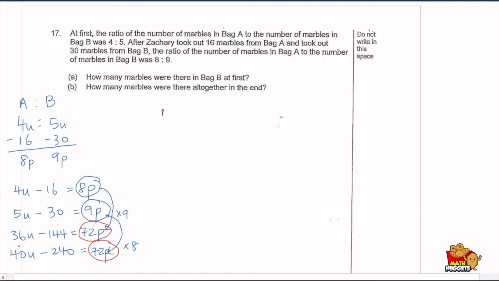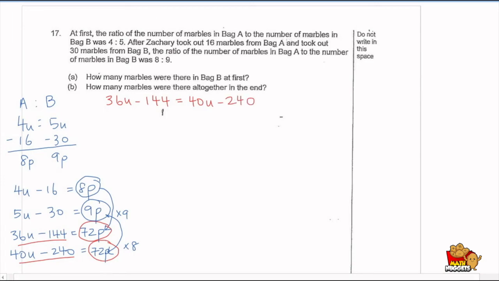So if 72 parts is equal to 36u minus 144, and 72 parts is also equal to 40u minus 240, this tells me that 36 units minus 144 is equal to 40 units minus 240.